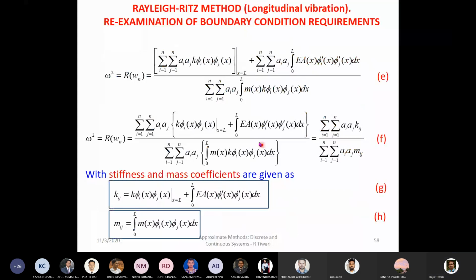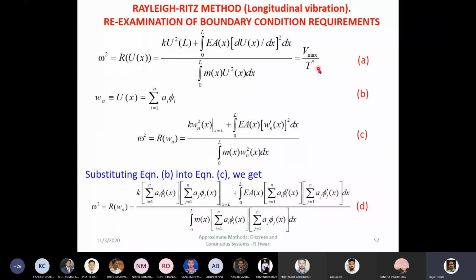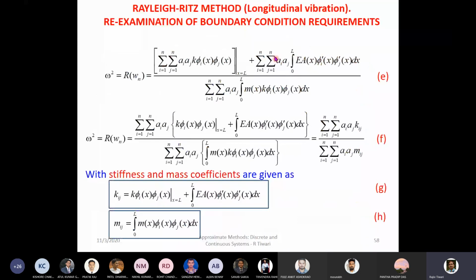So here we are rearranging it. If you see what we are trying to do, first thing is we are bringing the summation outside, especially here the summations are inside. So I'm trying to bring the summation outside the integral. So here I brought out the summations.